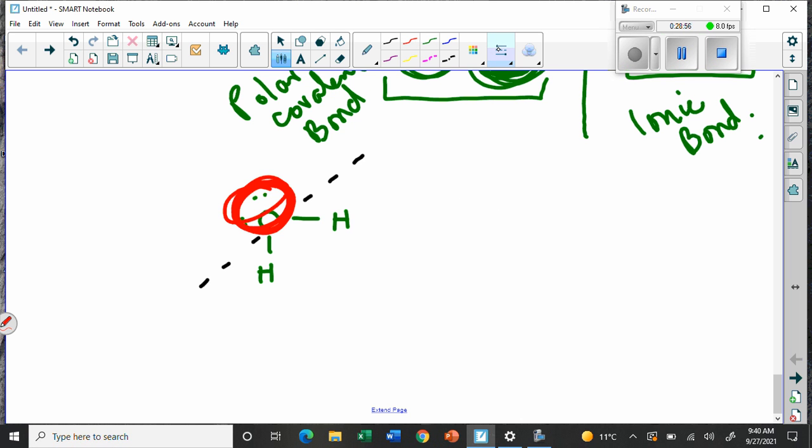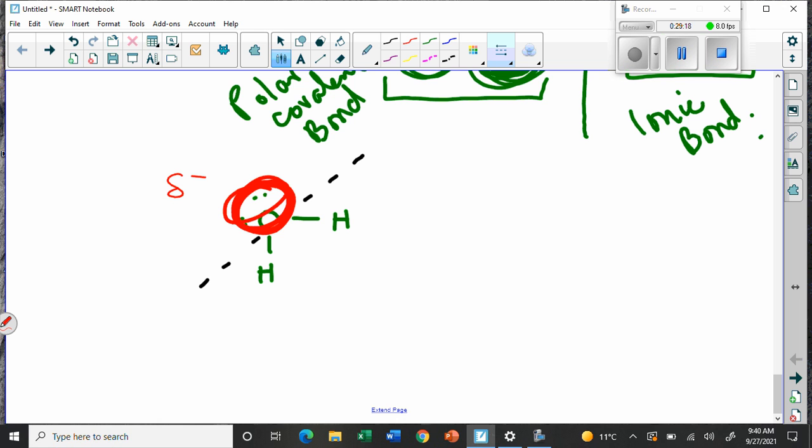We don't want it to look like an ion, so we use a symbol, a little Greek sigma symbol, and then we put a little minus to show that over here, that's where the electrons are hanging out, and that side is a little more minus. It's a little more negatively charged because all the electrons are being hogged there.